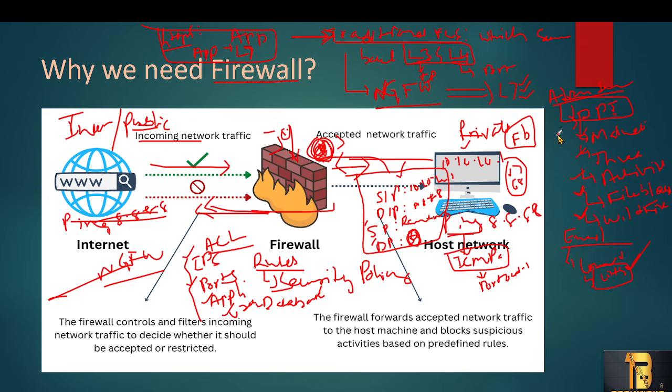That's how next generation firewalls provide security to your network, not only up to layer 7, but they also provide advanced security features like this. And next generation firewalls also work as an IDS and IPS.